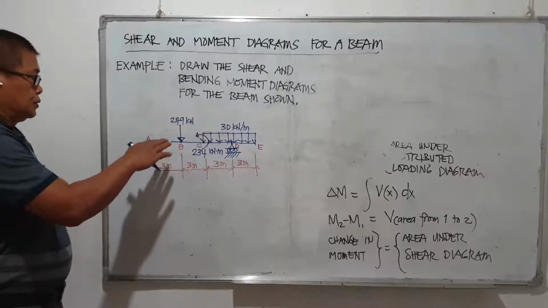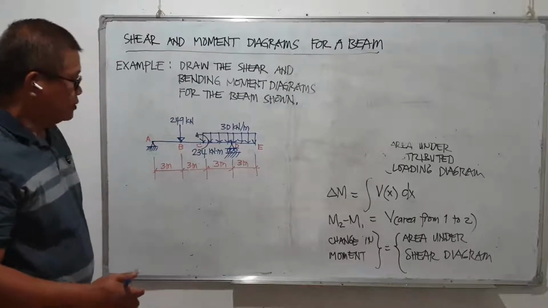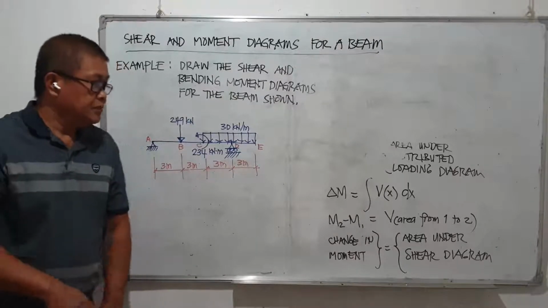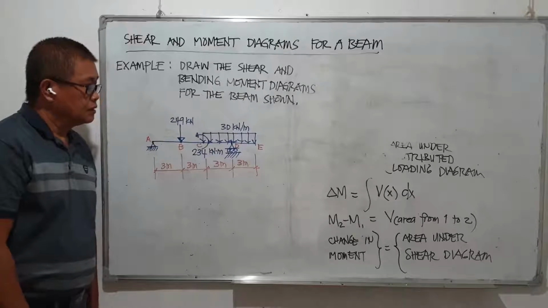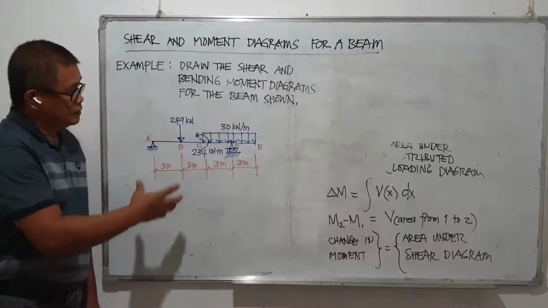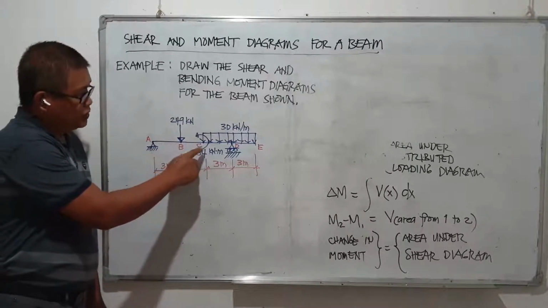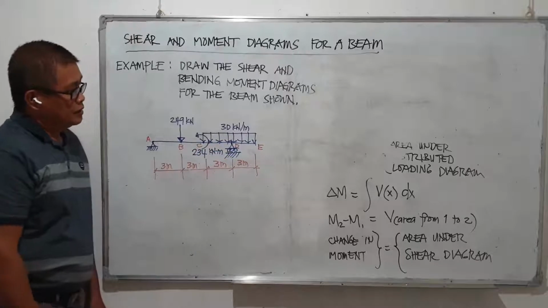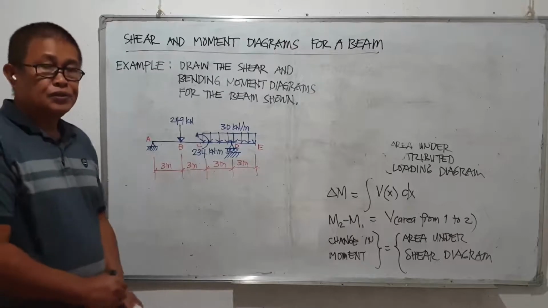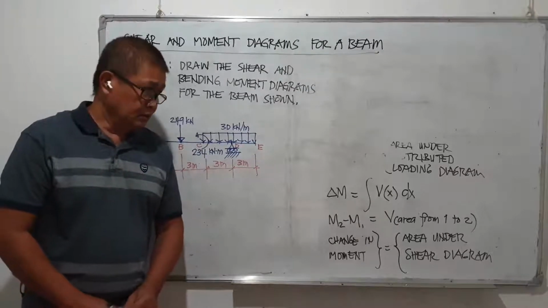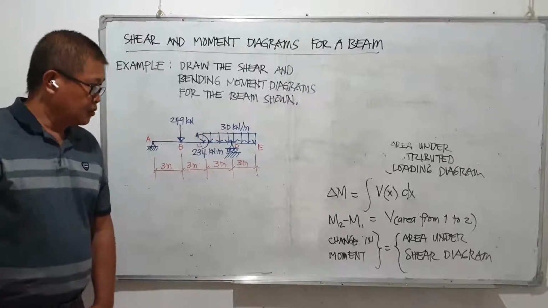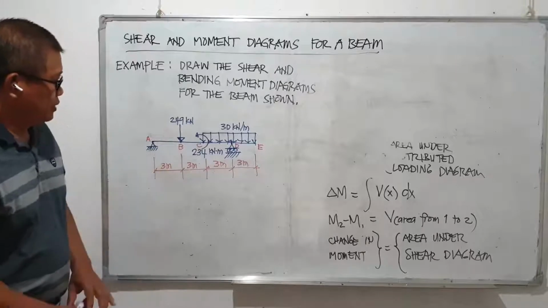So just like what we did in our previous examples, before we can proceed to determining the shear and moment values at different points where there is a change in loading, like point A, point B, point C, point D, and point E, we have to solve first the reactions as a basic requirement, because we will not be able to determine the variation of the shear and moment without knowing the reactions first.